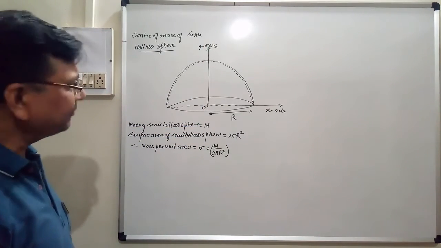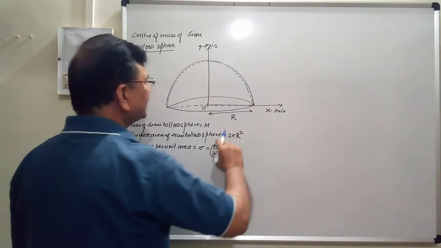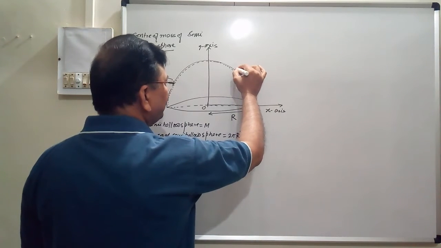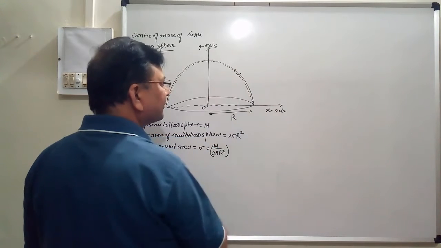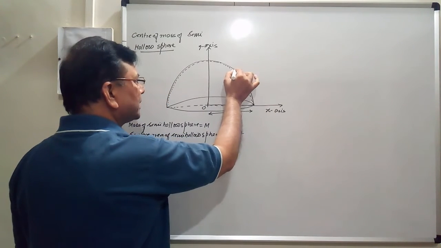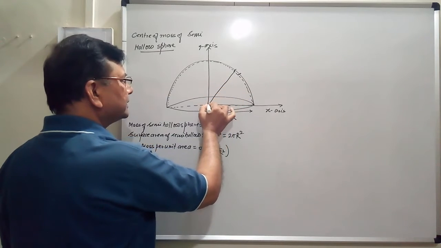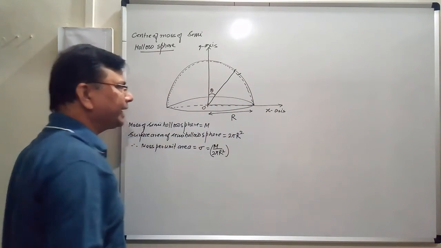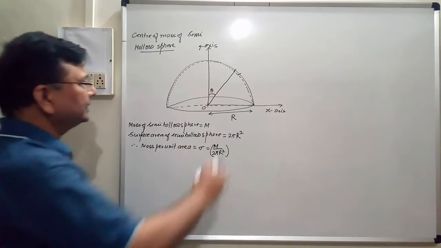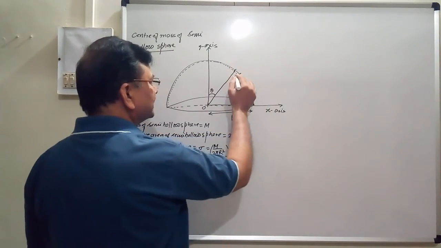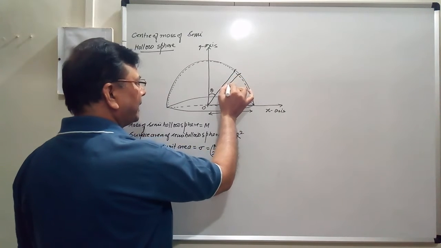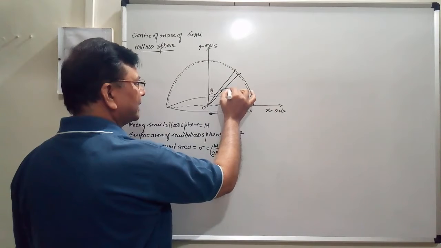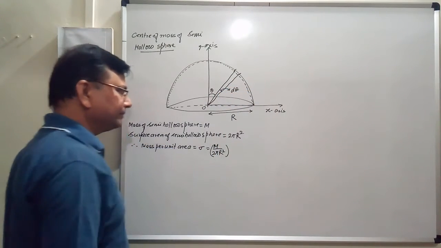Again, in a similar manner, we will have to consider an elementary area. So for the elementary area, suppose this radius is making an angle of theta with the y-axis, right? And this elementary area is considered. Suppose this angle is d theta, right?